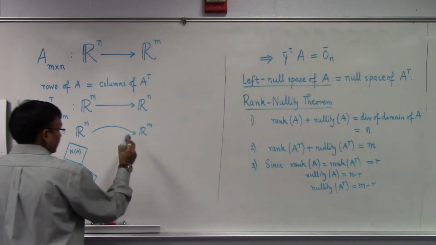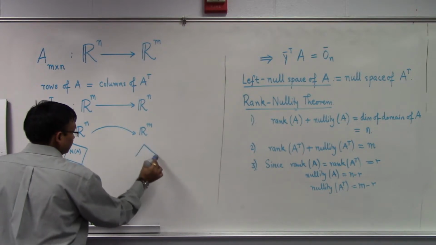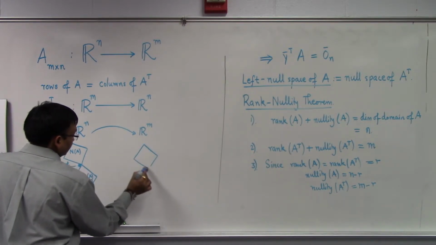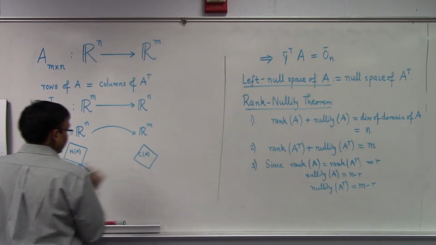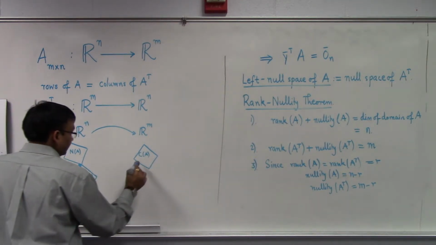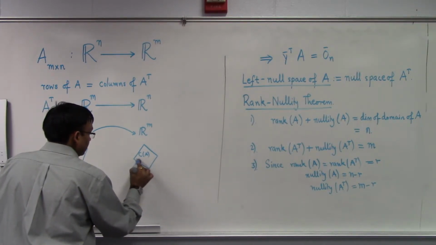Likewise, if we go in Rm, remember the column space of A will be living inside here. So this would be the column space of A. Column space of A should be the same as the row space of A transpose.